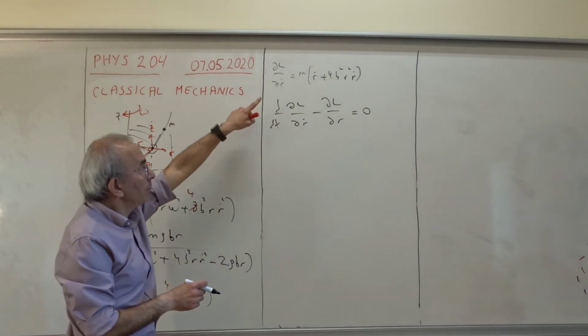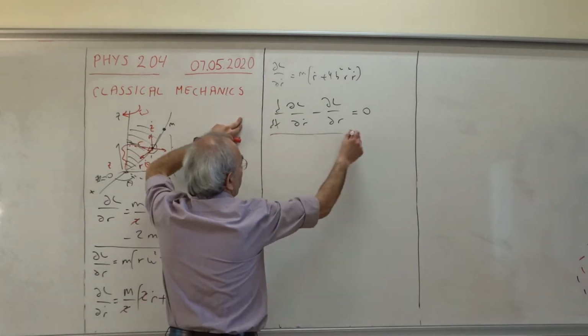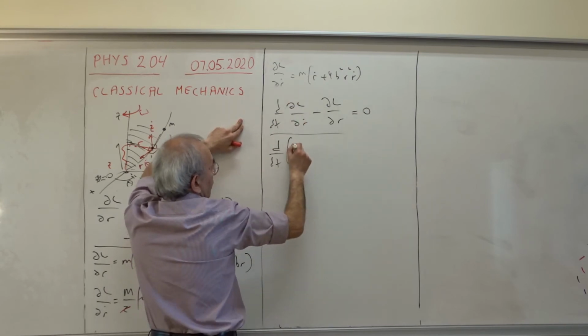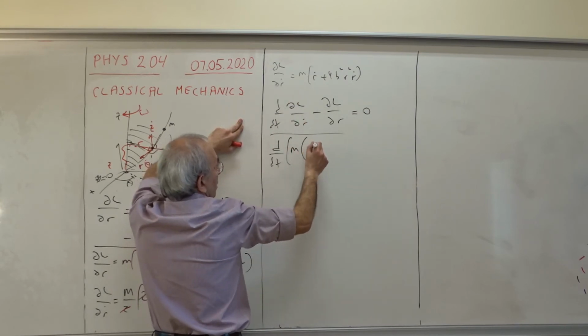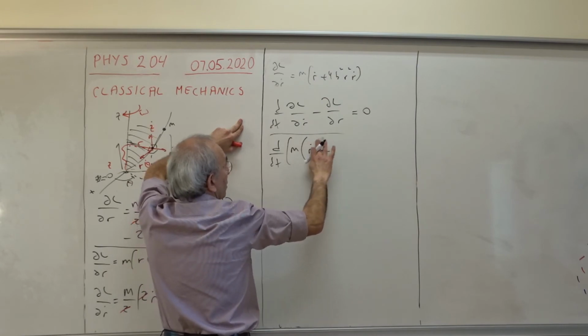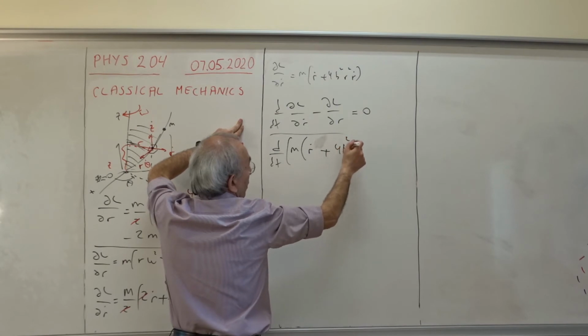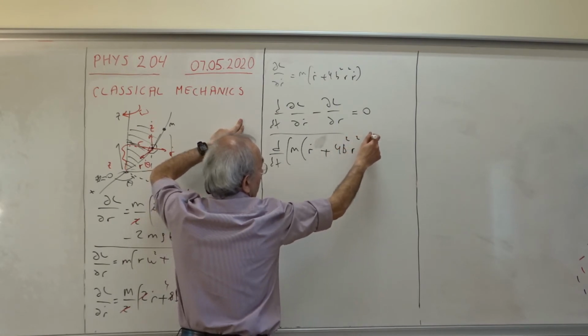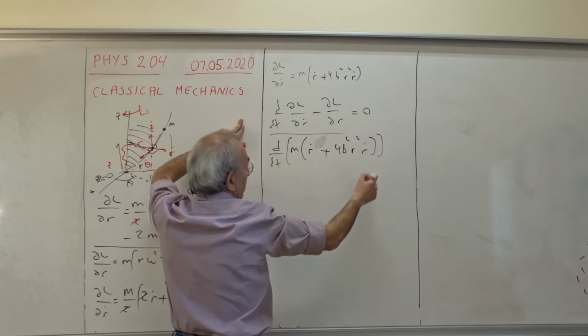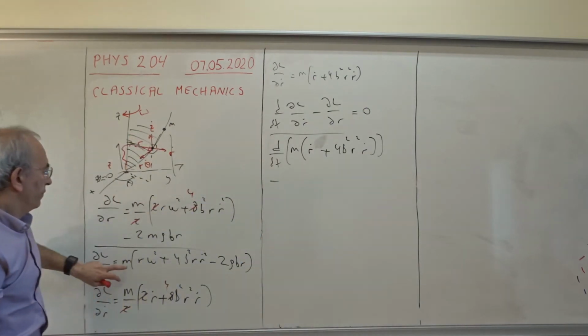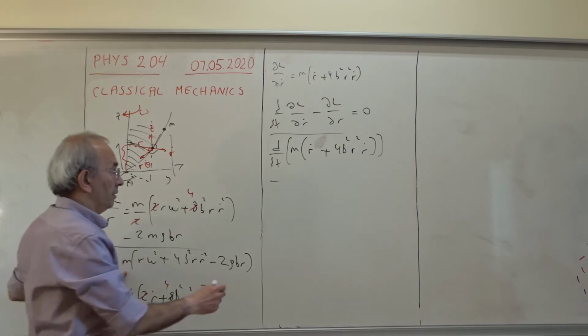So d/dt applied on m times the parentheses, negative ∂L/∂r, which is this expression.